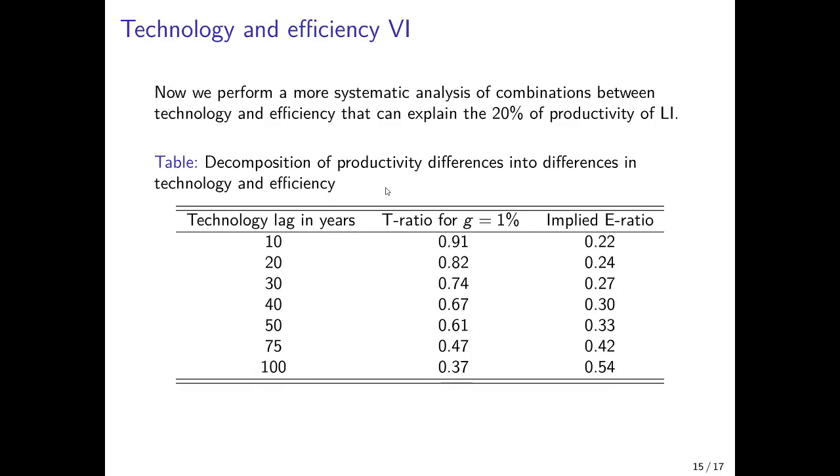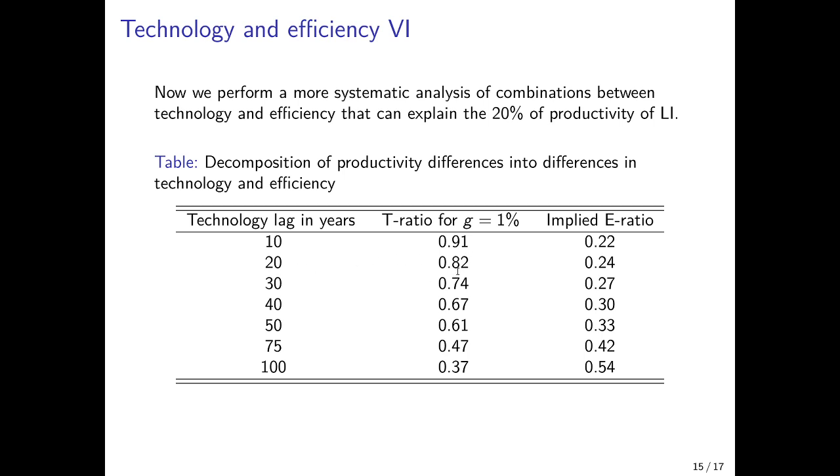And now we can extend this thought experiment that we had before and do a more thorough and systematic analysis of the differences between the two countries in terms of the technology gap and the efficiency gap. And in this more systematic analysis, we assume different technology lags. So 10 years, that would be the one that we already assumed. So the technological ratio between the two countries would be 91%.